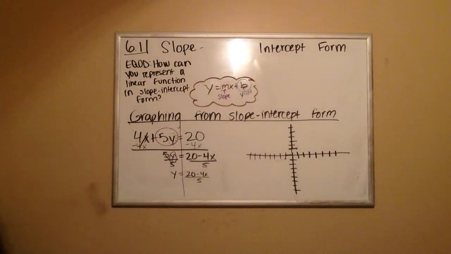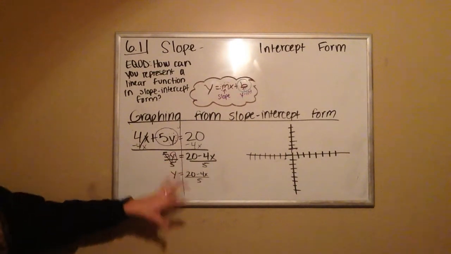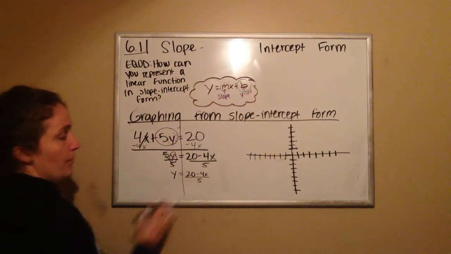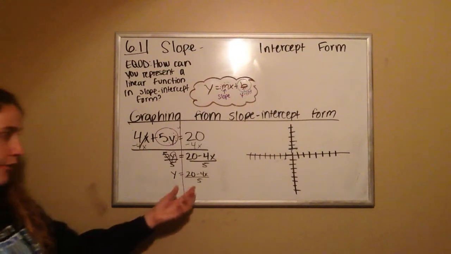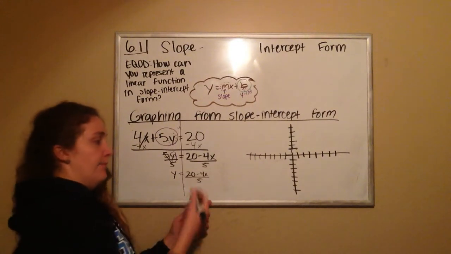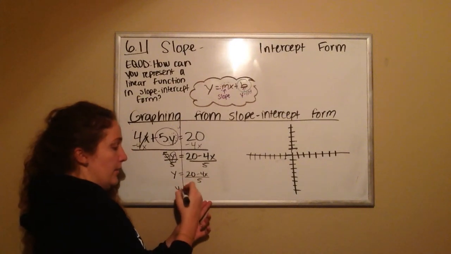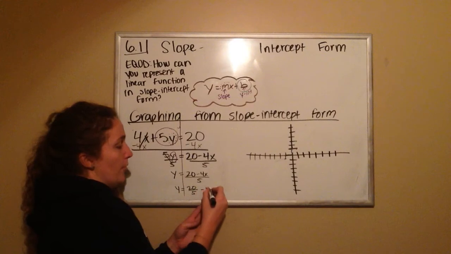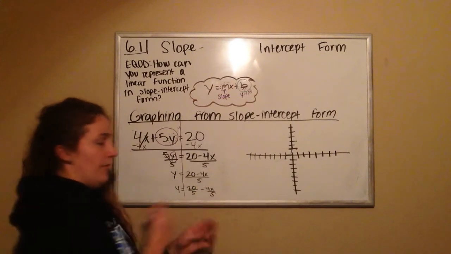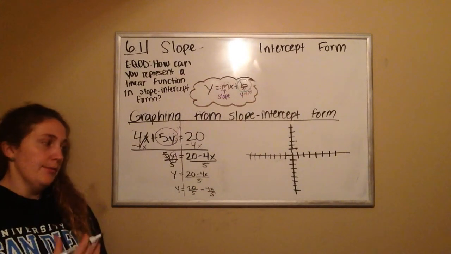Cool. So we got y by itself. This is where it gets a little bit harder. We have to separate out these two parts of the fraction. Right now, we couldn't identify the slope or the y-intercept because everything's all bogged together because of this complex fraction. So we have to separate it. So we're going to put the 5 as the denominator under both parts of the fraction. And then simplify.